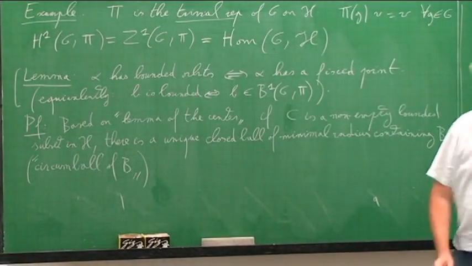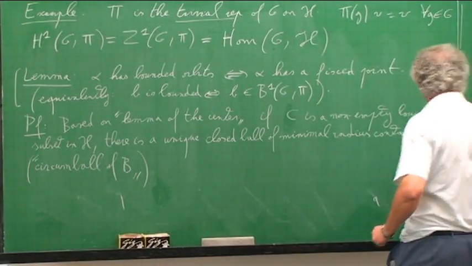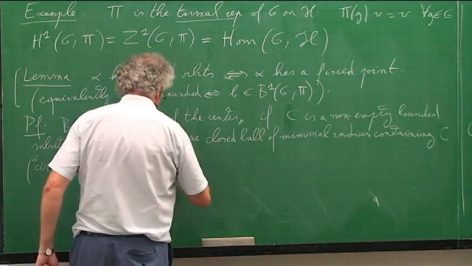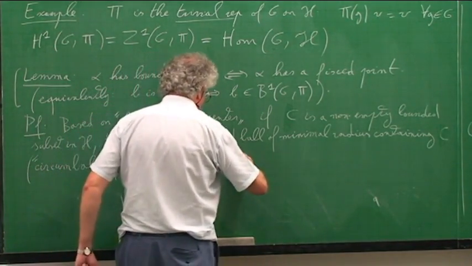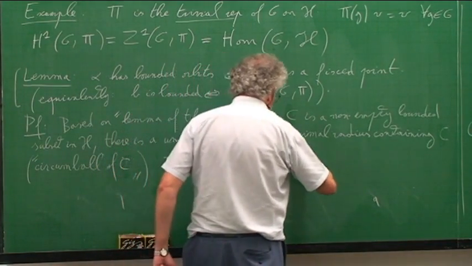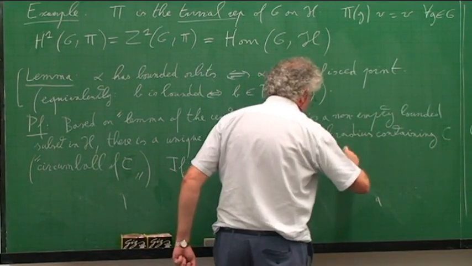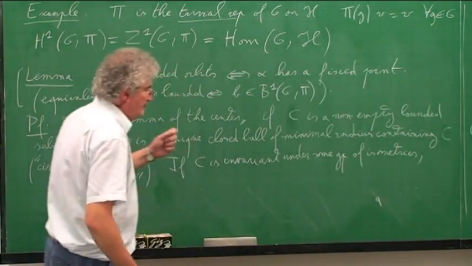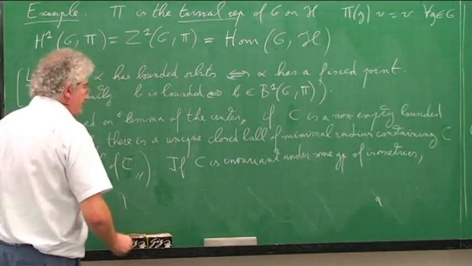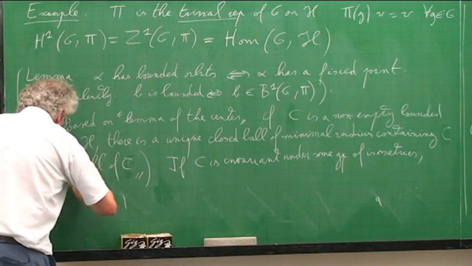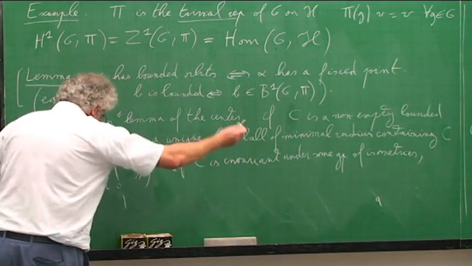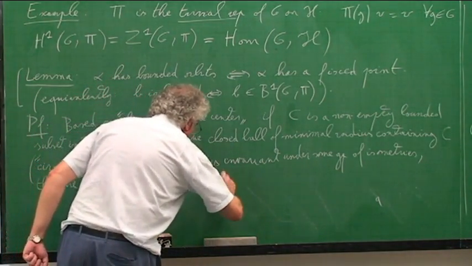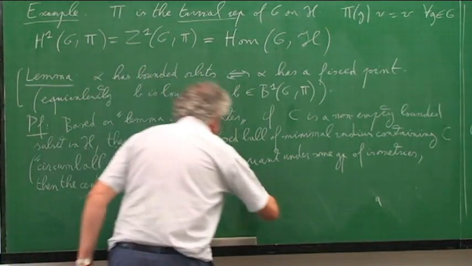And now, if C is invariant under some group of isometries, then the center of the circumball, by uniqueness, is fixed by that group.